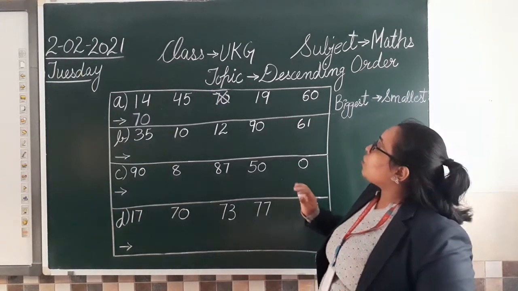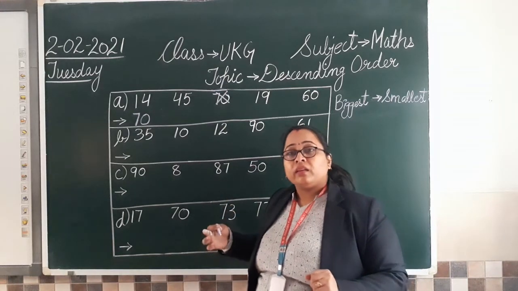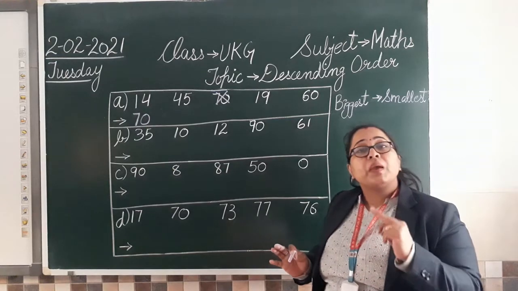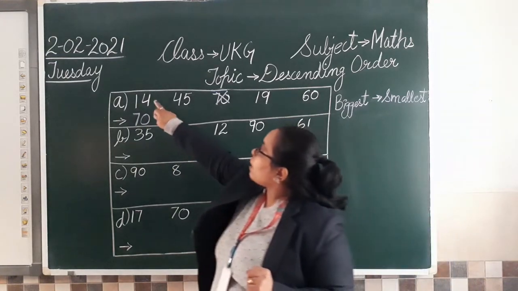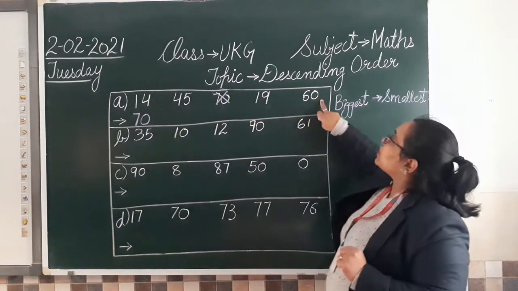Okay? So now after 70, let's read these numbers once again and see now. अब जो बचे हुए numbers हैं उसमें biggest कौन सा है? So we have 40, 45, 19, 60.